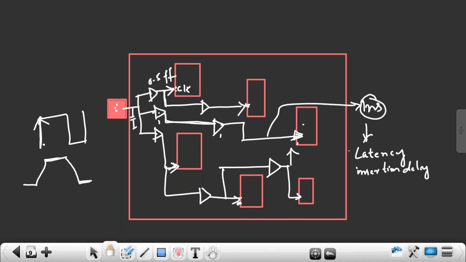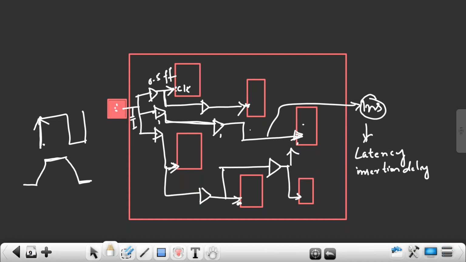While building the clock tree, my tool will try to meet this target. From the clock port to the clock pin of the flip flop, my insertion delay should be within 1 nanosecond. That is called as clock latency target or skew target. So my tool will try to meet it.